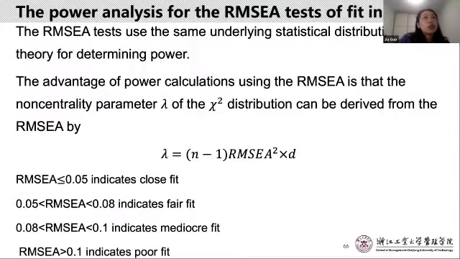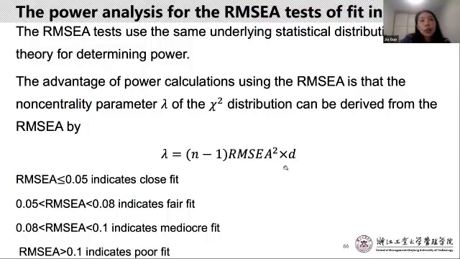Then we move to the RMSEA test of fit. This RMSEA test actually uses the same underlying statistical distribution theory for determining the power. The difference is that we now have the relationship between the non-centrality parameter and the RMSEA.